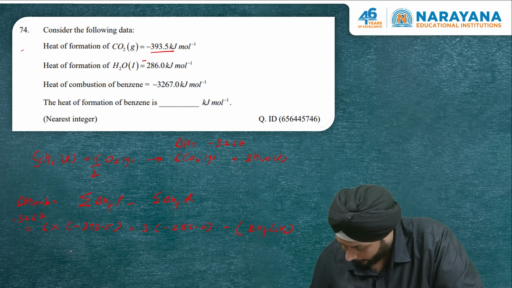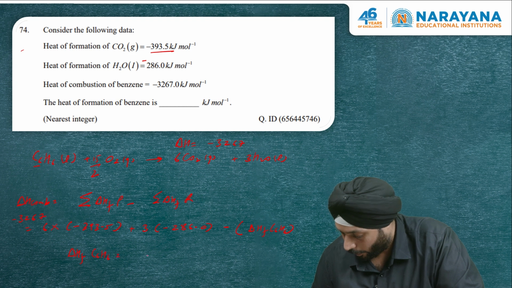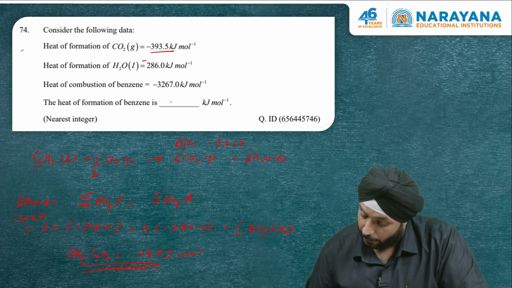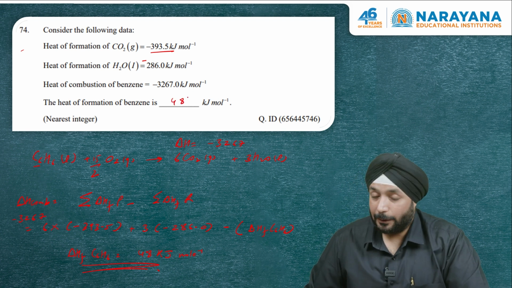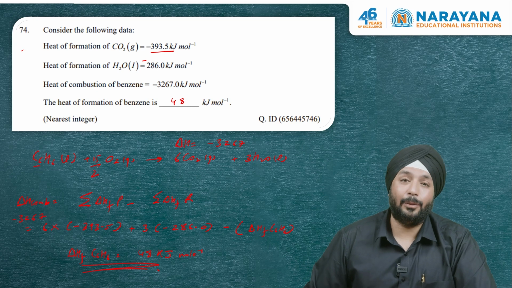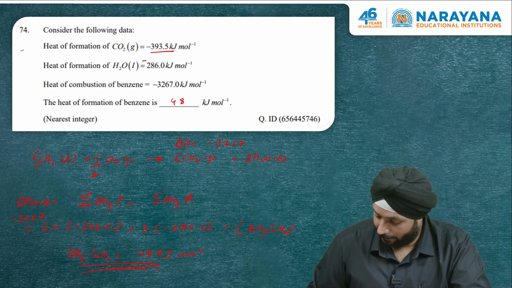So if I solve this, I will get delta H of formation of benzene comes out to be 48 kilojoules per mole. So the answer for this question is 48 and is correct. It's a very simple question. Yes, some calculation is required, so you should have a calm mind while attempting this question, right.